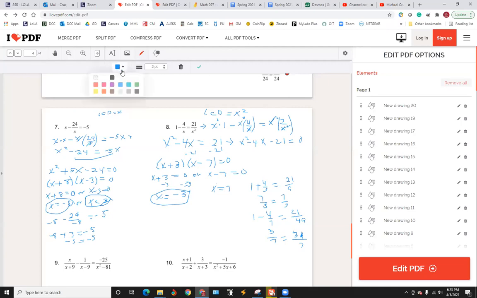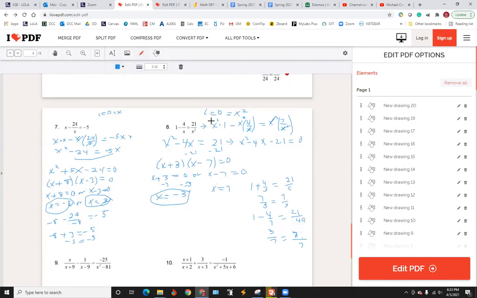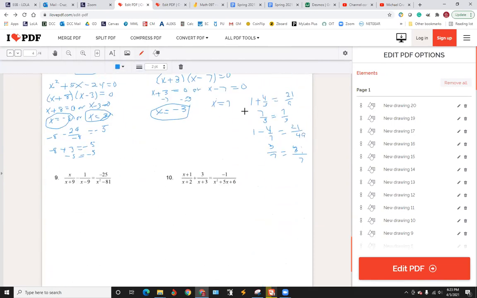I'm going to have to take that off. There we go. So that one's right too. All right, the last one we're going to try to work on here is that one.